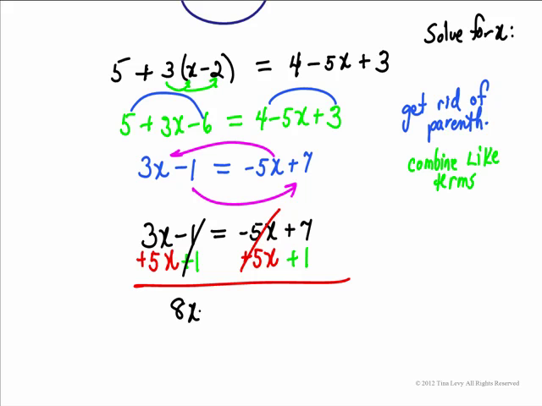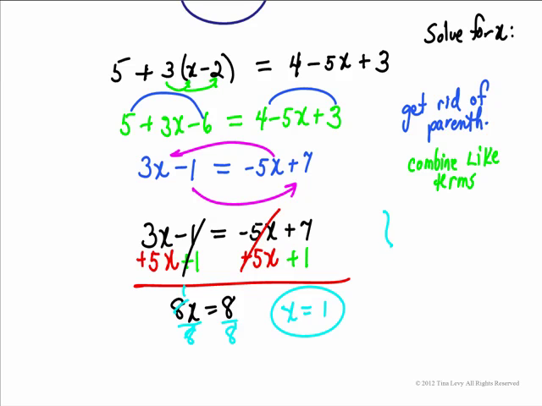Working this through, I now get 8x = 8, since 7 and 1 is 8. So the last step, I'm solving the equation, is to undo the multiplication. I divide both sides by 8. And I get x = 1.